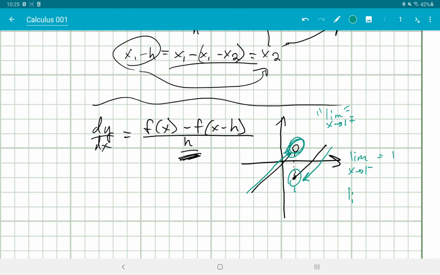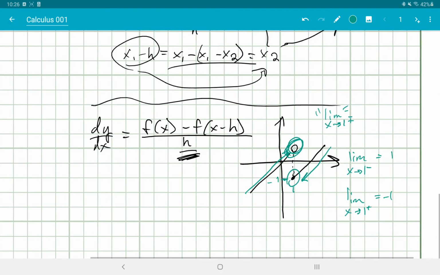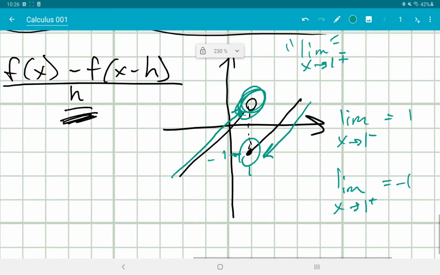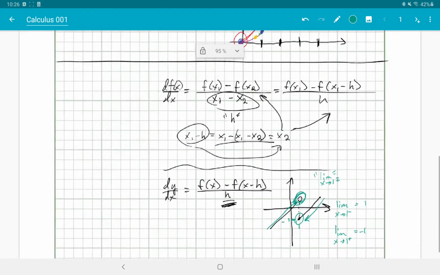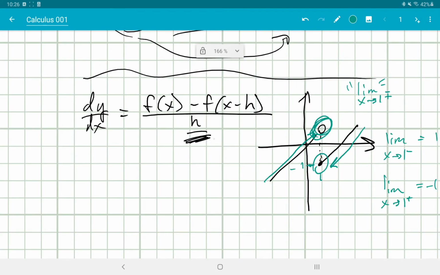So the limit as x approaches 1 from the right is, of course, -1, because it's this point. Right? Super simple. It's just where's the line going, right? This is our y. We're getting our y. Where is this function going as h goes to 0?